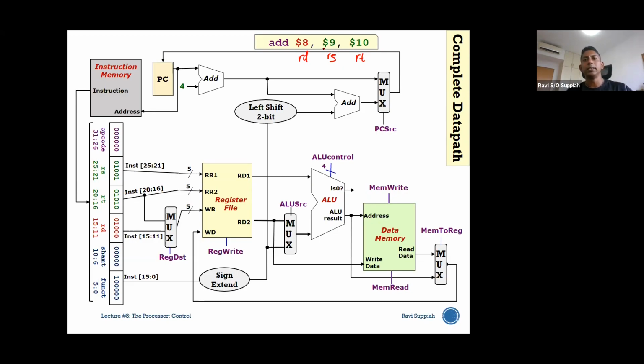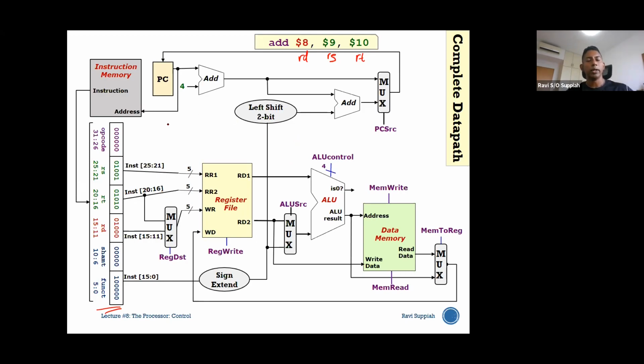So the first step is, from the assembly language instruction, we want to translate it into the actual machine code, the ones and zeros. For that, we have to refer back to our earlier slides where we talked about the instruction format. This is an R-type instruction, so we have a particular positioning of bits.